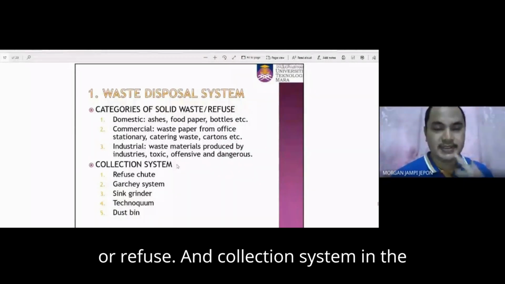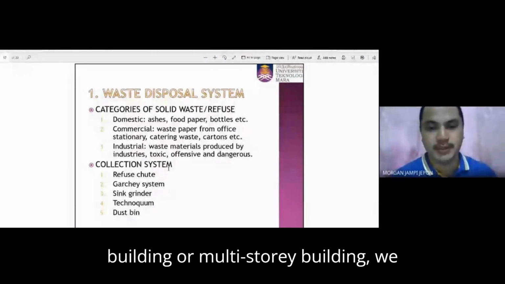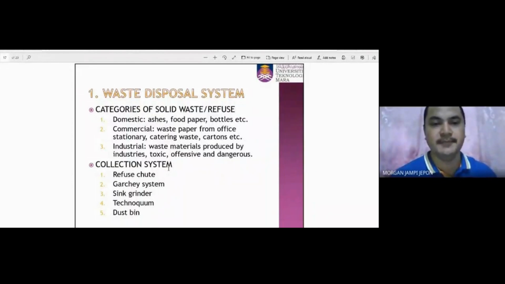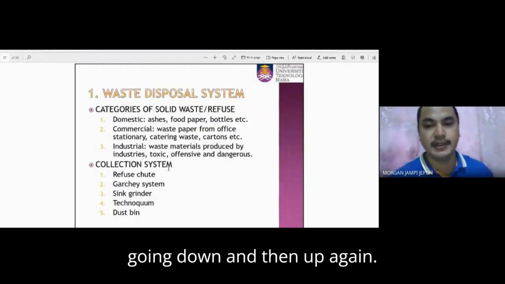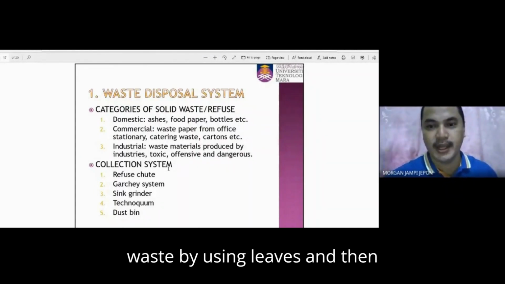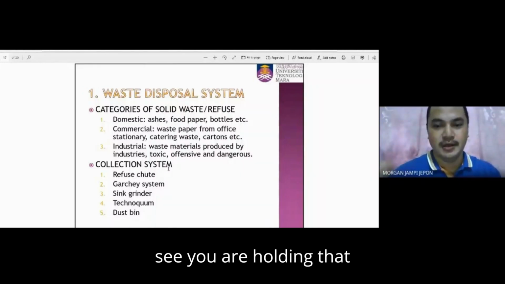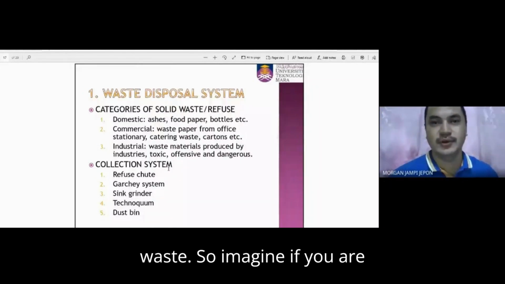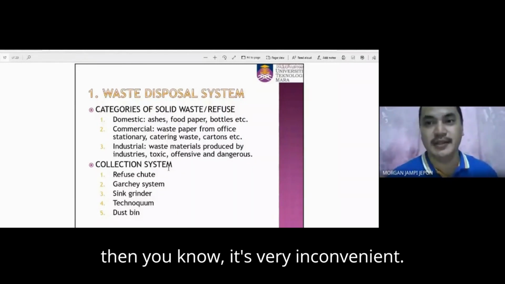And now the collection system in the building. Remember, for a very high building or multi-story building, we need a system so that we can dispose of our waste without having to go down and then up again. Can you imagine bringing your waste by lift, and people smell your waste and see you holding it? Imagine living in a luxury condominium, it's very inconvenient.